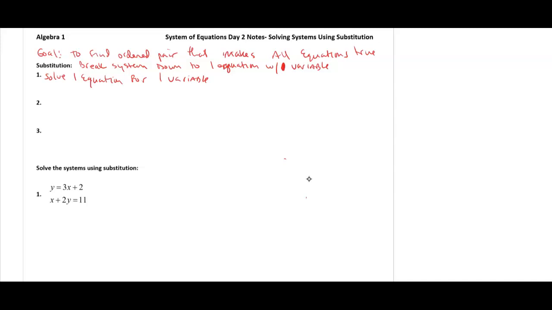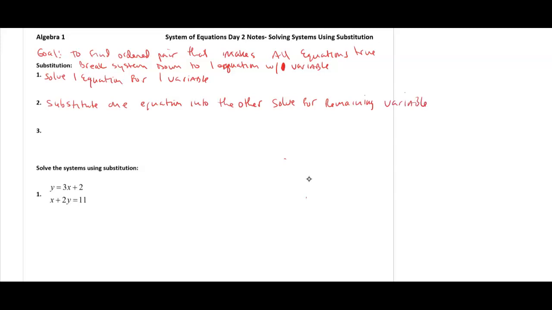Once we do that, we're going to substitute one equation into the other, and solve for the remaining variable.